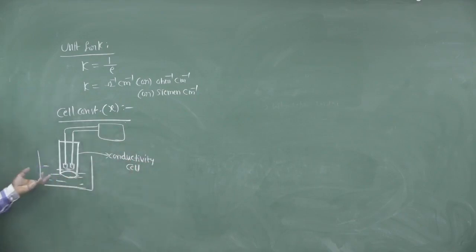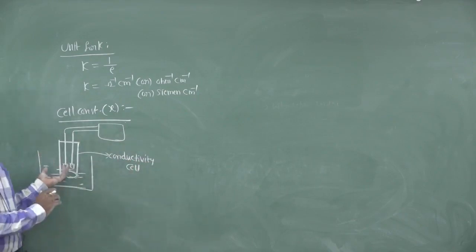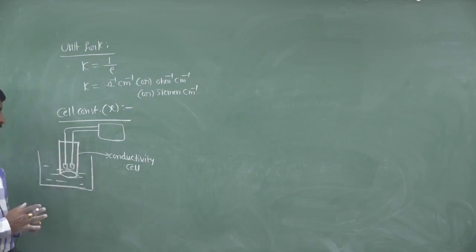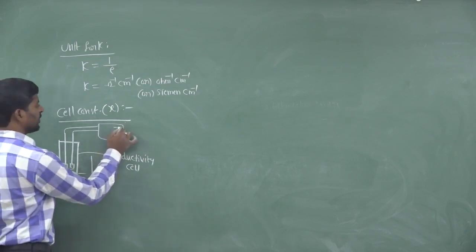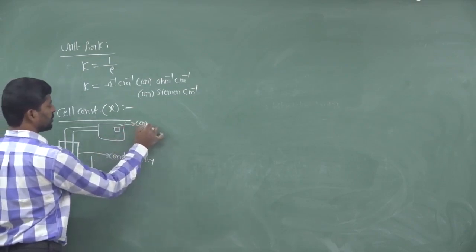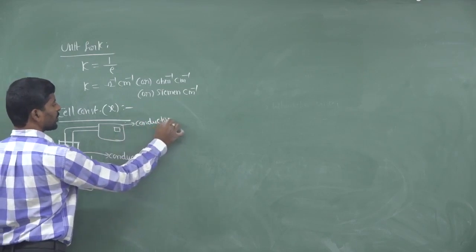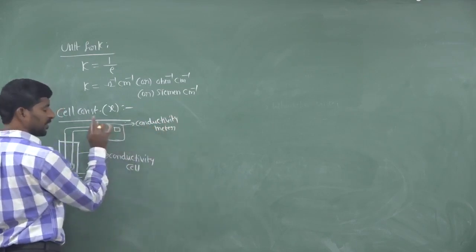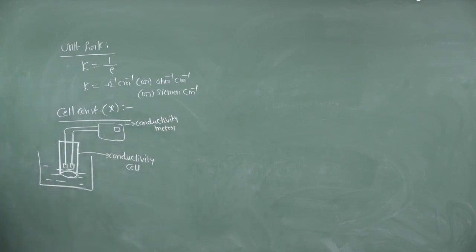While doing conductometric titrations, we use a conductivity cell. It consists of 2 platinum electrodes. This is the conductivity meter, where we get some reading, that is conductance.